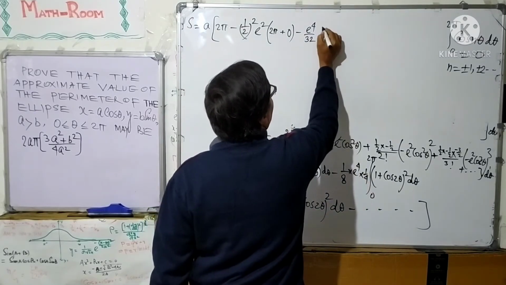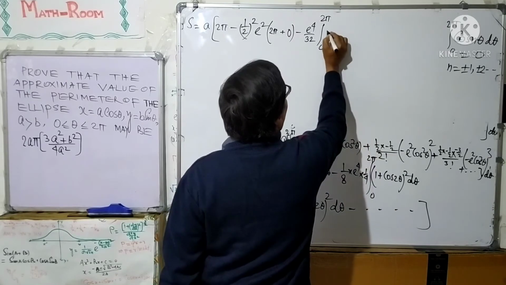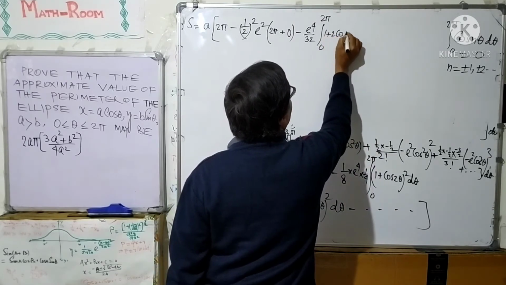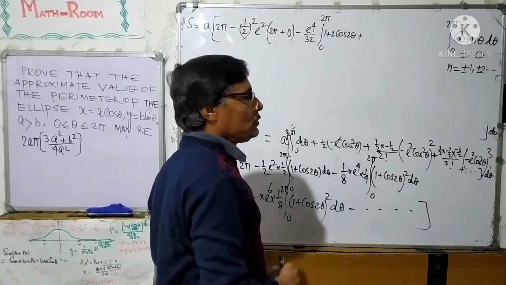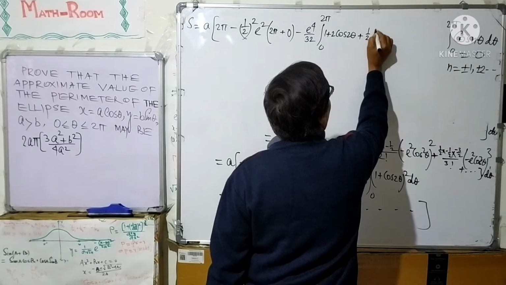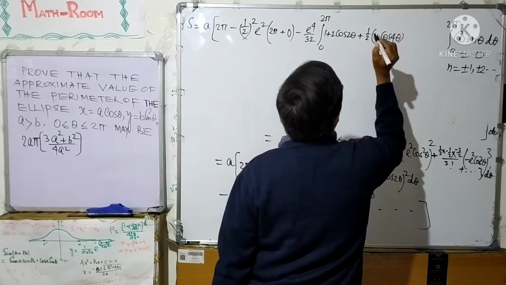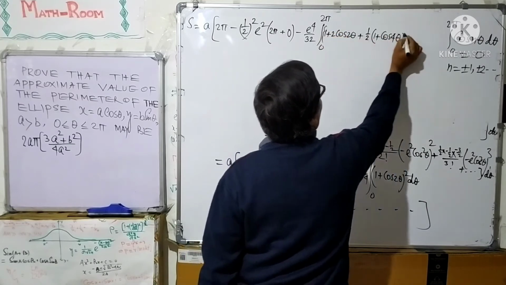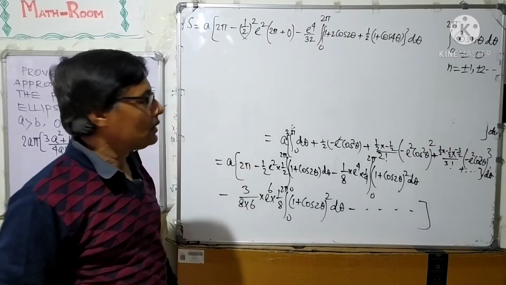This is integration 0 to 2 pi 1 plus 2 cos 2 theta plus cos square 2 theta. Cos square 2 theta is also half into 1 plus cos of 4 theta. This is d theta.